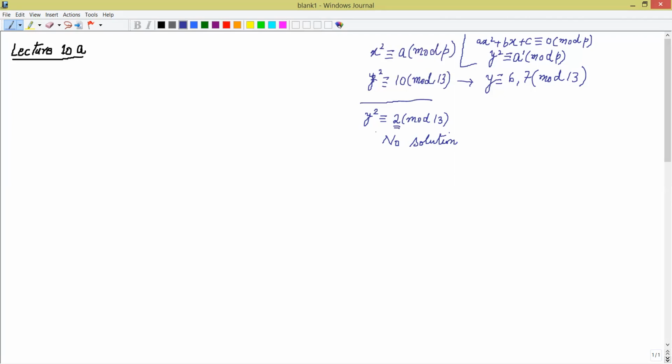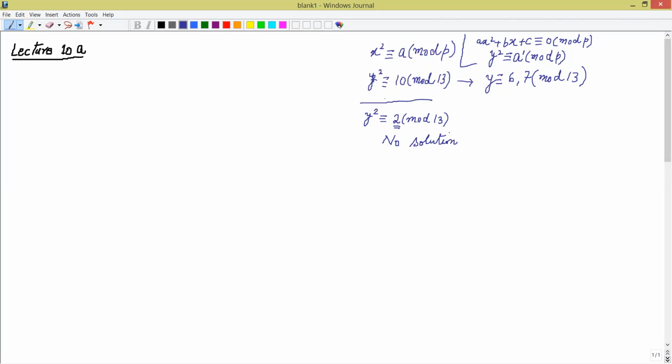Okay, so that's the problem. So this quadratic congruence is not solvable. So today we will study which types of congruence are solvable and which are not solvable.